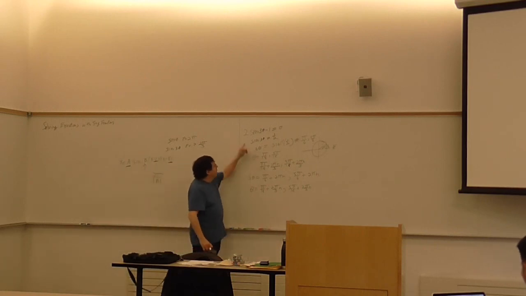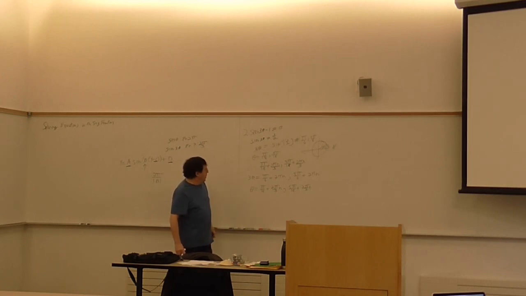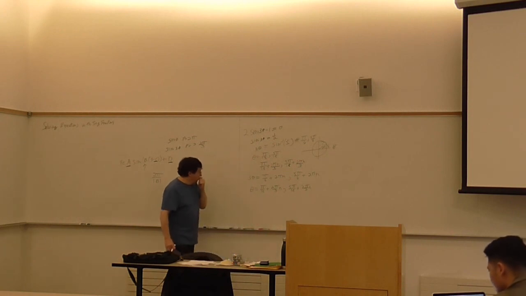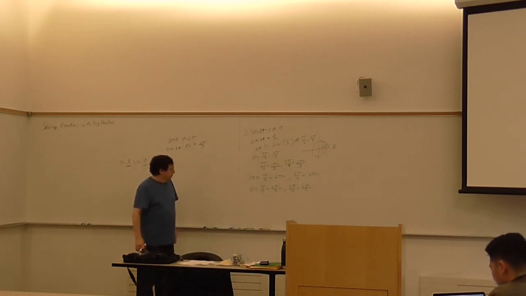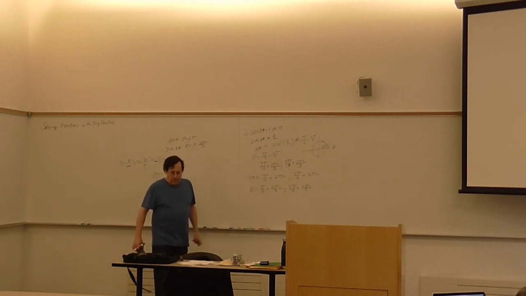So this problem has a lot more solutions within just the unit circle 2 pi. It seems to have 6. All right, any questions about any of this?